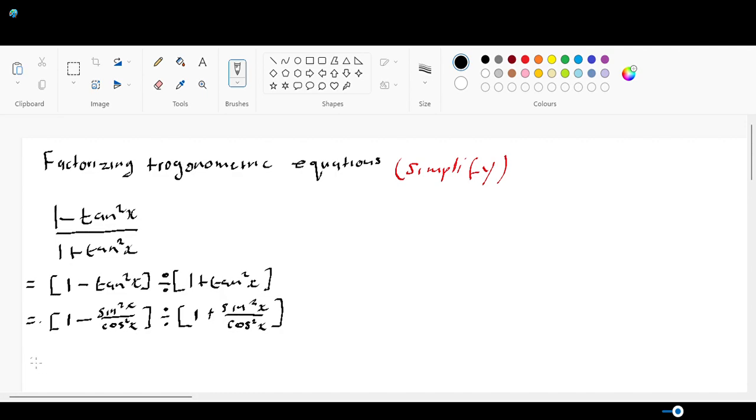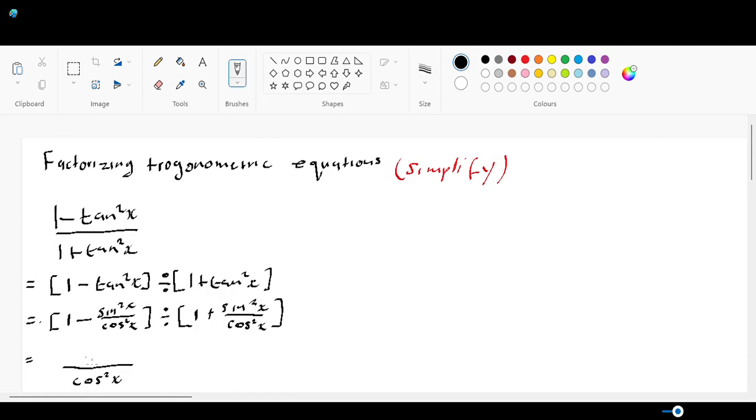Now here, let's look at the first one. You need to find the common denominator. So a common denominator here will be cos squared x. The reason why cos squared, because this one is 1, so we don't really want 1.